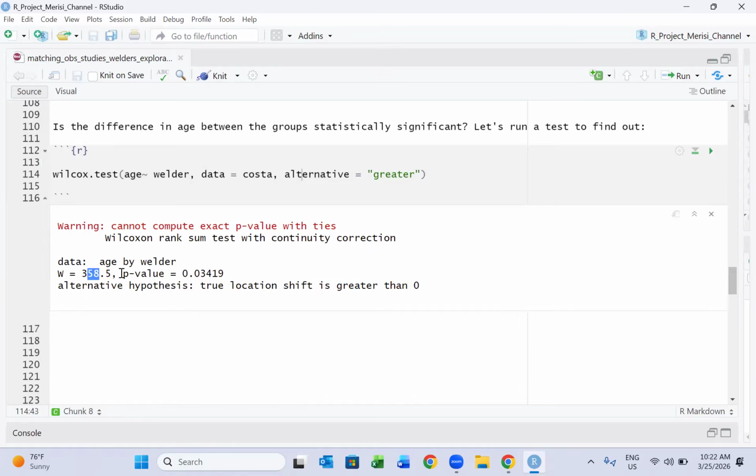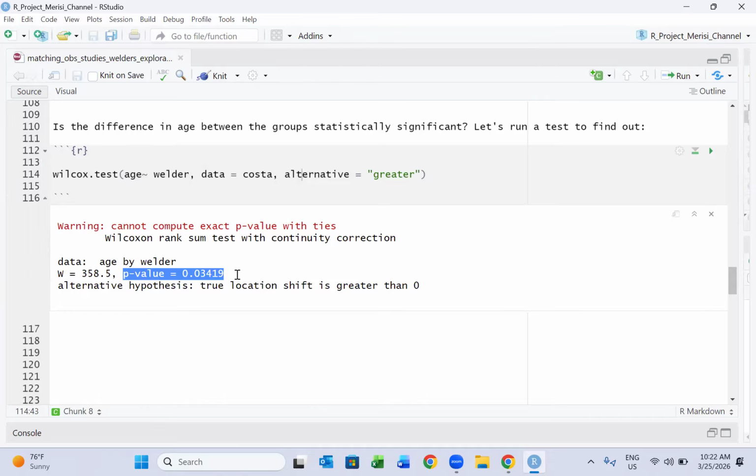And this p-value is obviously less than 0.05. So what happens when the p-value is less than alpha? We have support for the alternative hypothesis. So in this case, we can claim that the age of non-welders is statistically higher than the age of welders, okay? So these results confirm the results from the exploratory statistics that suggested that welders were younger, right?